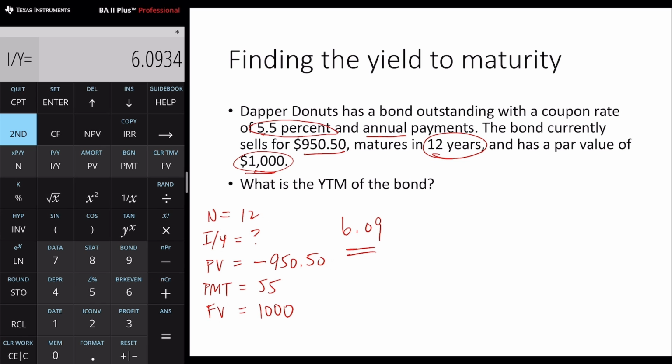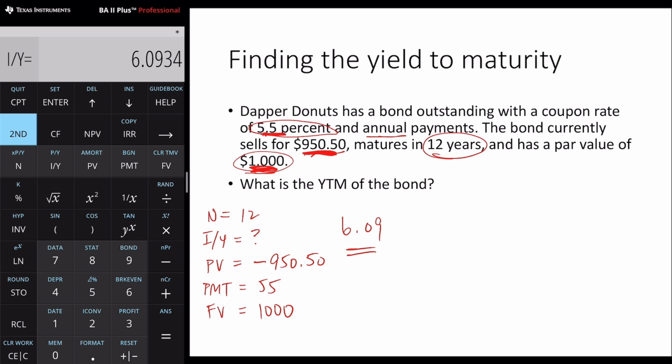All right, so 6.09%. Now, just reminding you of what I had explained just a minute ago, I can see that the price is less than the par value. If the price is less than the par value, that means the yield is going to be greater than the coupon rate. Okay? Remember, price and rate have an inverse relationship.